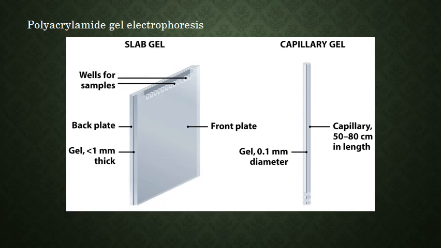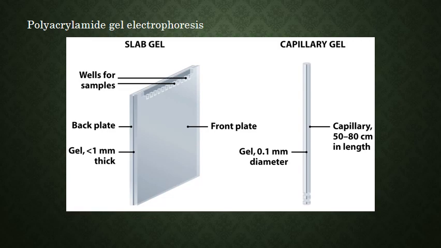So, before we start, just an idea, what is gel electrophoresis? Polyacrylamide gel electrophoresis is used to examine the families of chain terminated DNA molecules resulting from a sequencing experiment.